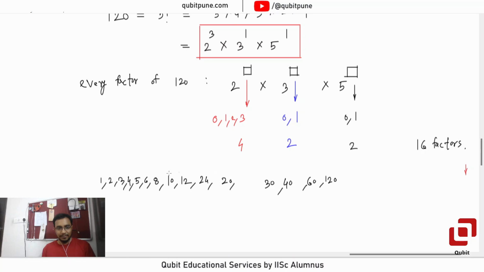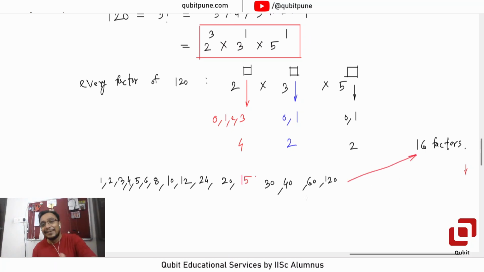Okay, which one are we missing? 2 into 60, 3 into 40, 4 into 30, 24 into 5, 20 into 6, 12 into 8, 10 into 12. Are they 16? 1, 2, 3, 4, 5, 6, 7, 8, 9, 10, 11, 12, 13, 14, 15. Okay, there is one more that I am missing. 15. Yes, 15. So that makes it 16.